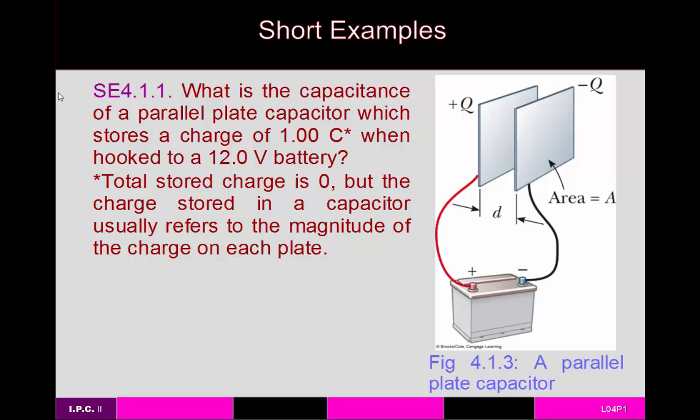So here we have a pair of parallel plates, and the question is, what's the capacitance of this pair of parallel plates given that you have a capacitor that stores a charge of 1 coulomb when it's hooked up to a 12-volt battery, meaning there's 1 coulomb here and minus 1 coulomb here, and the battery is 12 volts that is hooked up to this.